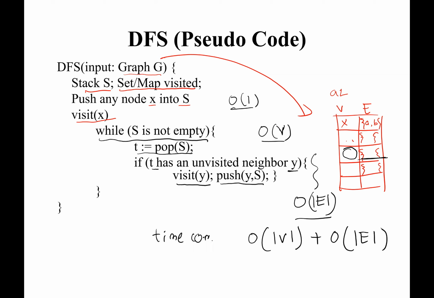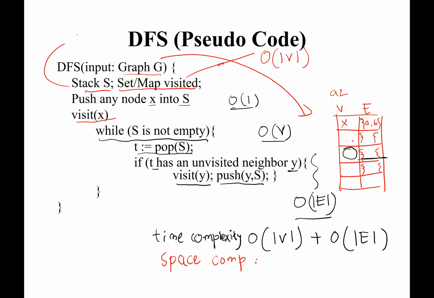Now, what about the space complexity? The space complexity is how much extra space we are using. So here you see that we have a map visited. This one will contain V vertices eventually.